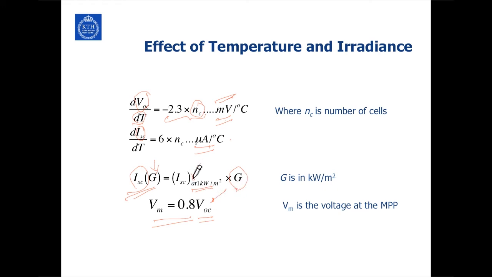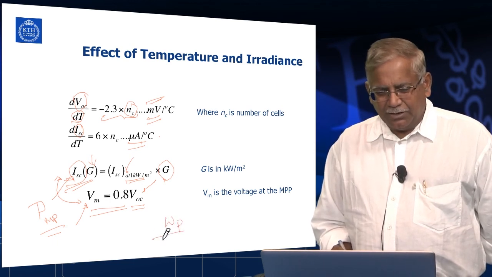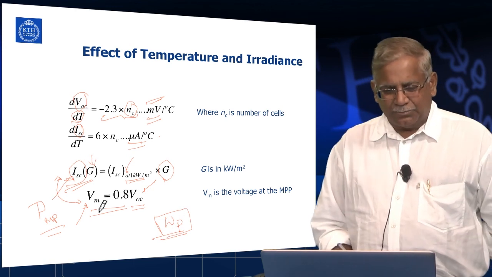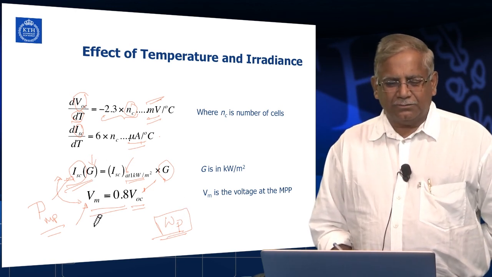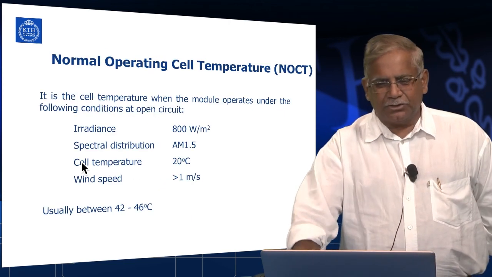So by knowing these two values, and by knowing the insolation, you can then calculate I sub SC and the maximum power point voltage, and you multiply these two, then you get the power at the maximum power point, and that is sometimes called W peak power. So watts peak they call it, and you multiply these two numbers to get that value. So from this you can calculate what the losses due to temperature are.